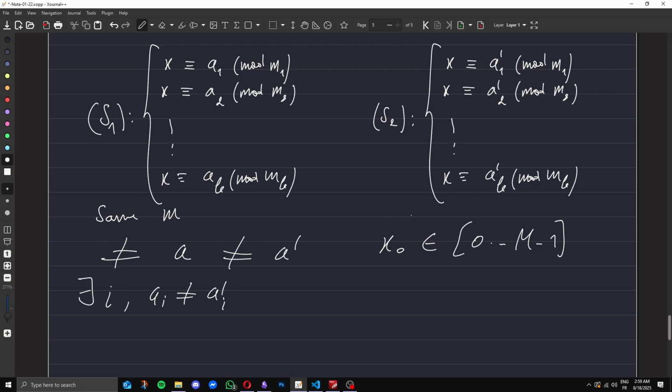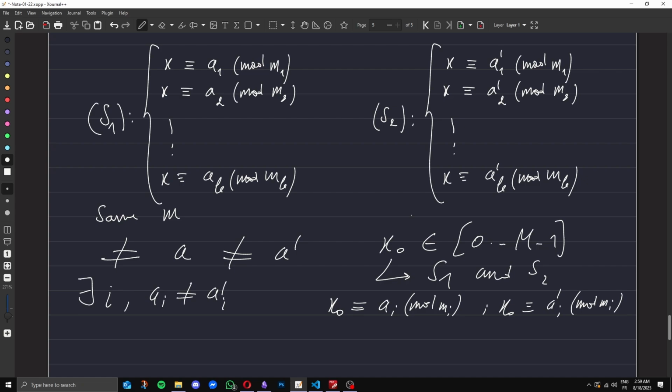Alright, so what if this is not just the solution of one of these systems, but both of them? So like solution of S1 and S2. Now, this yields x0 is congruent to ai modulo mi, and x0 is congruent to ai prime modulo mi.